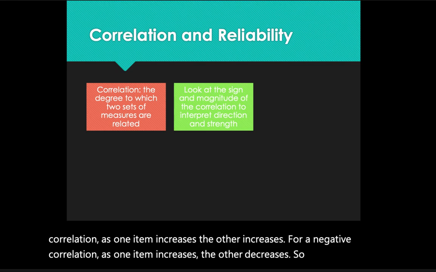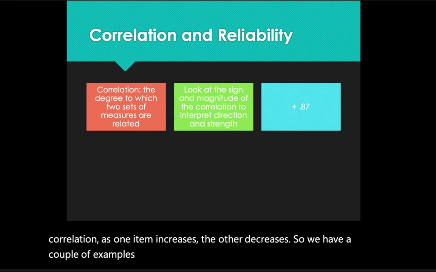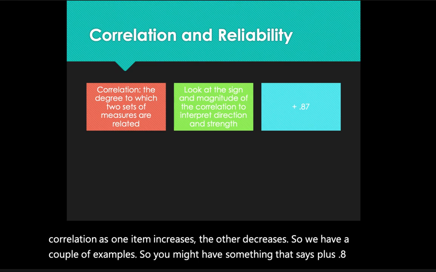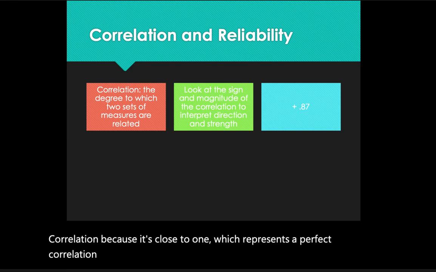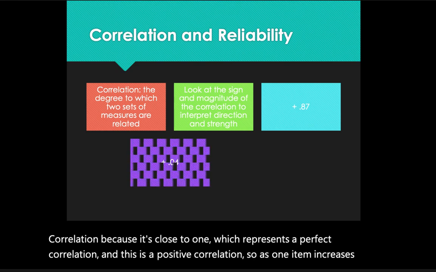So we have a couple of examples. You might have something that says plus 0.87. This is a pretty strong correlation because it's close to 1, which represents a perfect correlation. And this is a positive correlation, so as one item increases, the other increases.